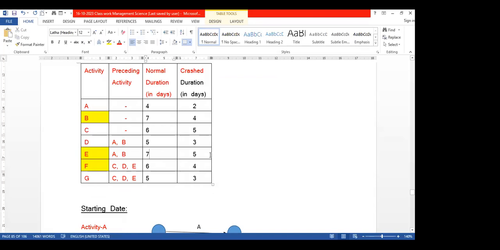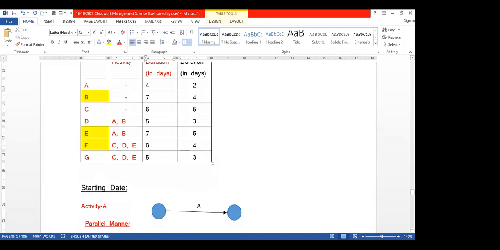Activity E, 7 becomes 5. The difference is 2 days. Activity F, also 2. Activity G, also 2. Okay.